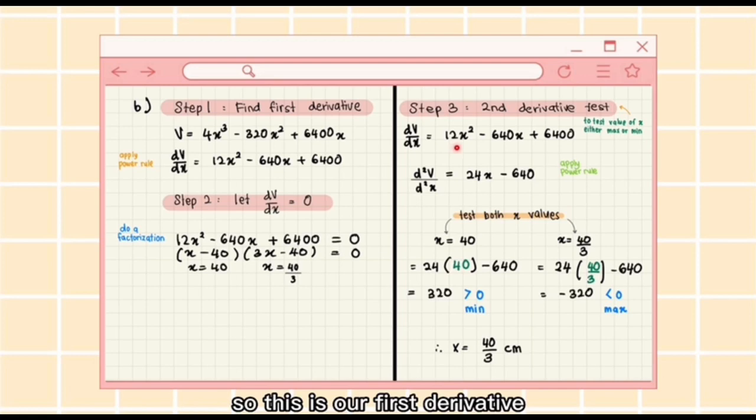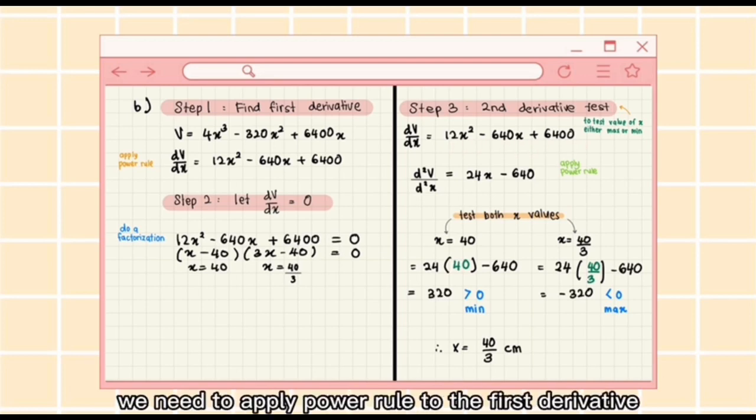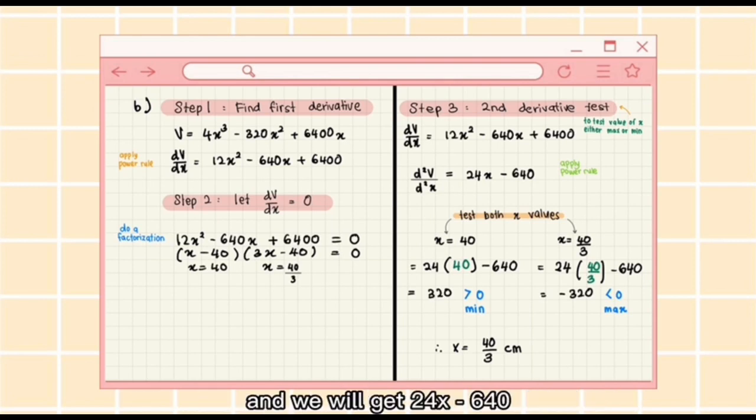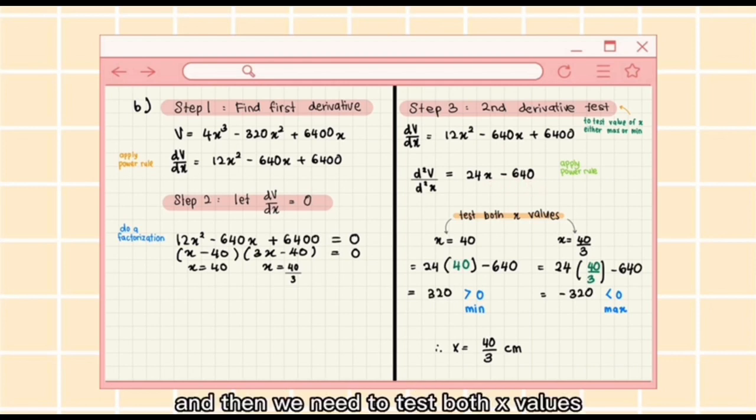So this is our first derivative. In order to get the second derivative, we need to apply the power rule to the first derivative, and we will get 24x minus 640. And then we need to test both x values that we got earlier into the second derivative.